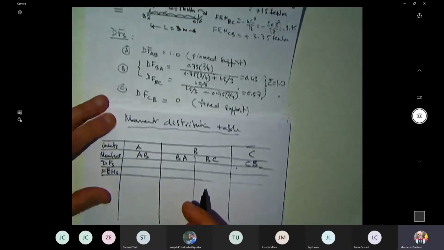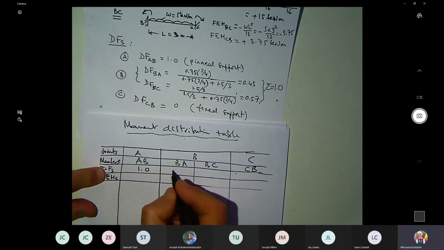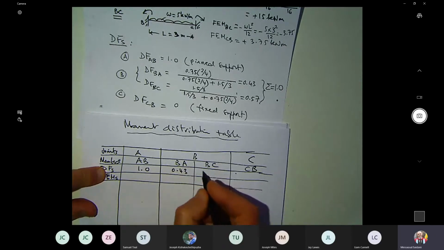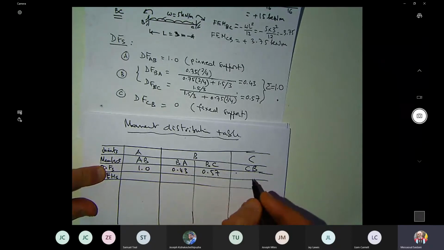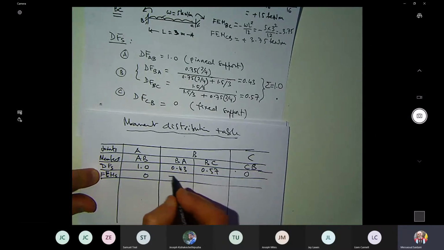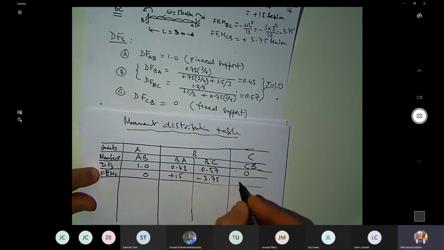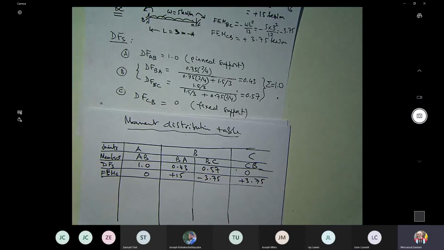For distribution factors, we've got at A we have 1, for BA we have 0.43, for BC we have 0.57, for CB we have 0, and fixed moments we have 0, plus 15, minus 3.75, and plus 3.75.